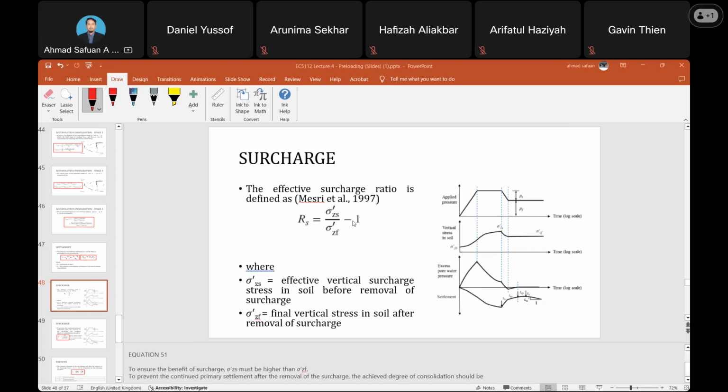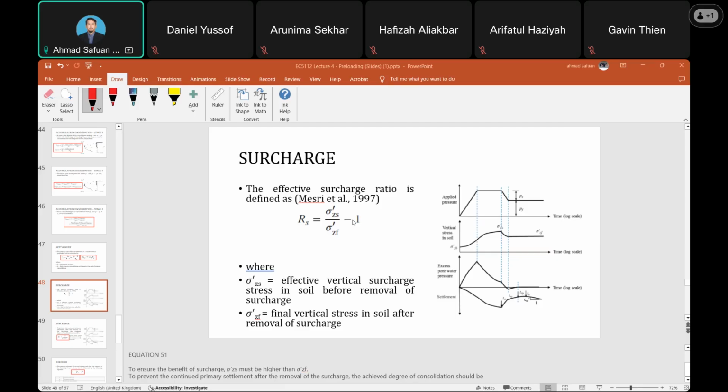Then to ensure that the surcharge is relevant, the surcharge usually should be greater than the sigma ZF. That is very true.